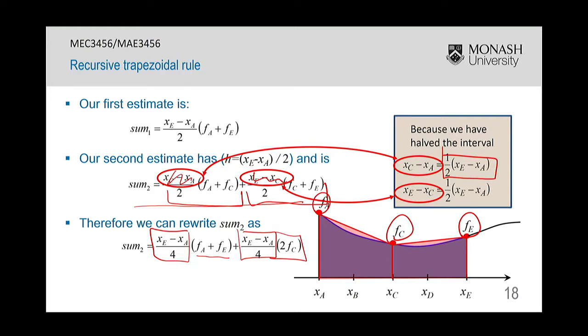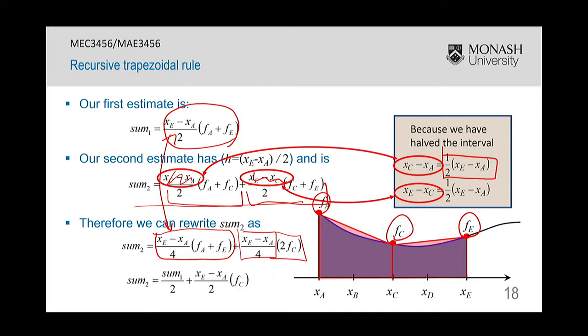Now we can see something quite interesting here, and that is that this term here and this term here are related, except in sum 2 it's only equal to 1/2 of sum 1.